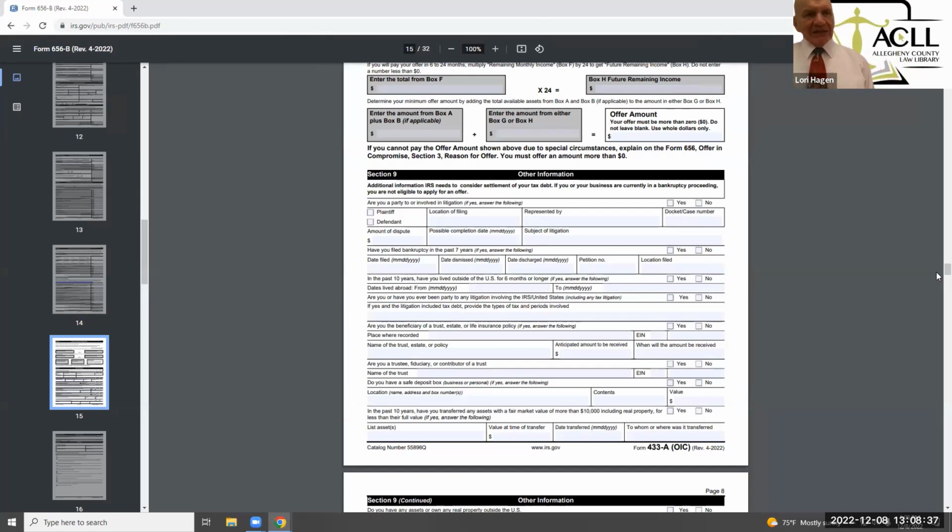Let's say my client has a house worth $500,000 and a mortgage on it of $200,000. So that means they have $300,000 worth of equity in the house. And I'm going to say they have a car that's fully paid, a 2017 Buick that's worth $20,000 fair market value.